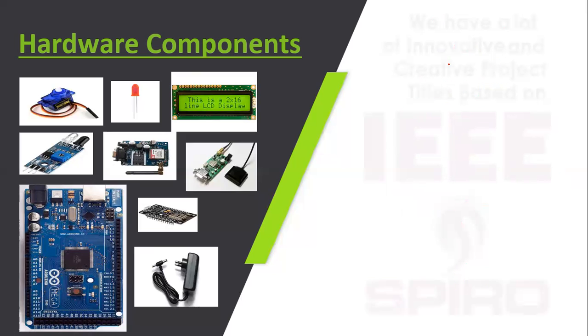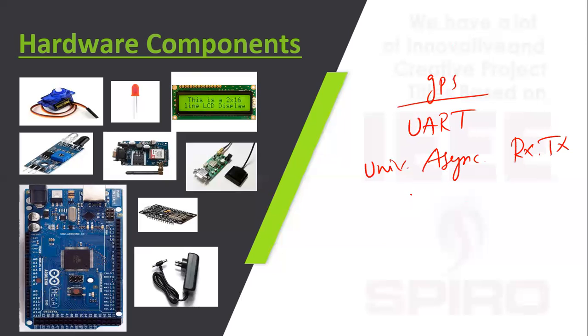Here we are using a GPS module, which communicates using UART, universal asynchronous receiver transmitter. It gives the latitude and longitude coordinates.